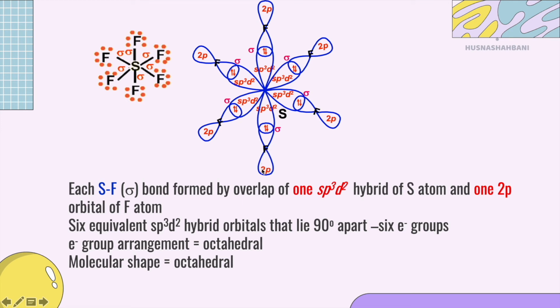So you have to search for the unpaired electron to overlap with this hybrid orbital. That's why you have to draw the 2p orbital, because the unpaired electron of fluorine is in the 2p orbital. If you draw the orbital diagram, you can see the unpaired electron is in the 2p orbital. So this is the final drawing of SF6 hybrid.